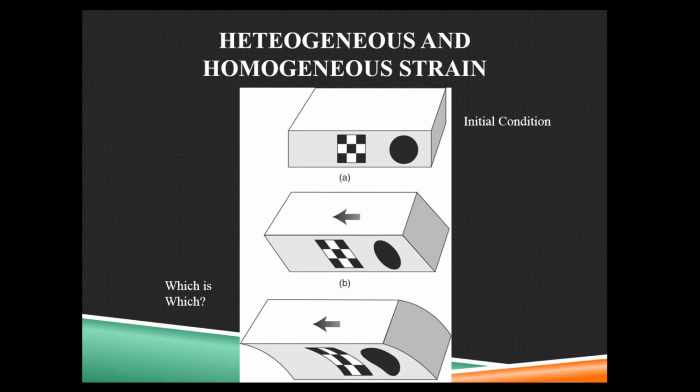If we happen to look for the circle-ellipse relationship first, we would say, oh, that circular thing did not turn into an ellipse. It broke a rule. So in this case, it broke all 3 rules. So it only needed to break one to be heterogeneous strain.